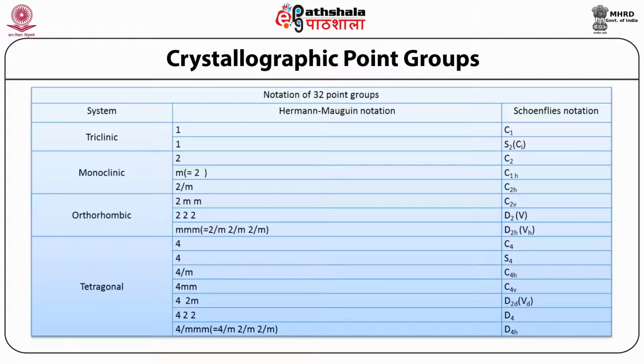Then the last one is 4 by mmm, which is equivalent to 4 by m, 2 by m, 2 by m. Corresponding to this, the Schoenflies notation is capital D subscript 4H.